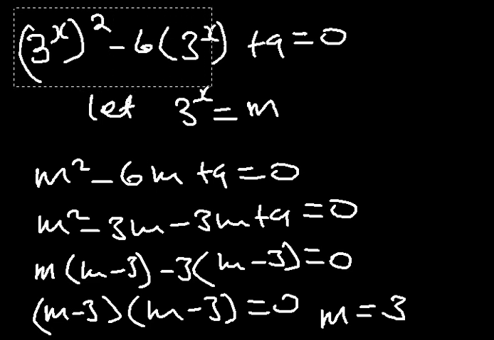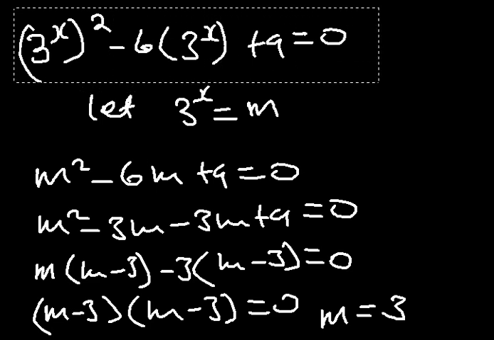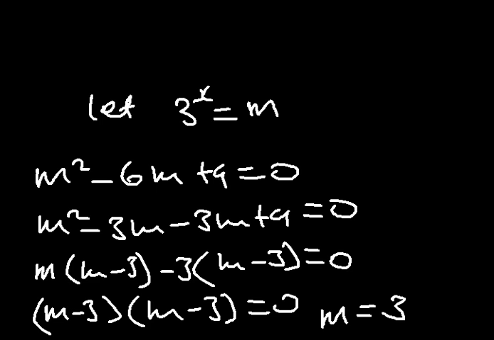Then since we are looking for x and not m, we have to come back to this, in the sense that we have 3^x equal to 3. Having just 3 there means there is a silent power 1 here.